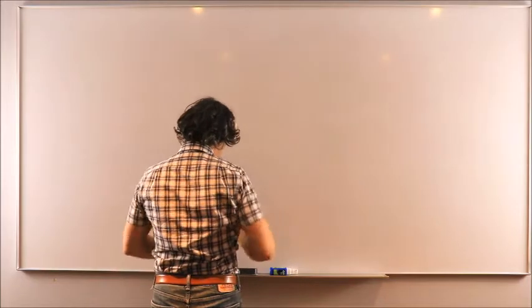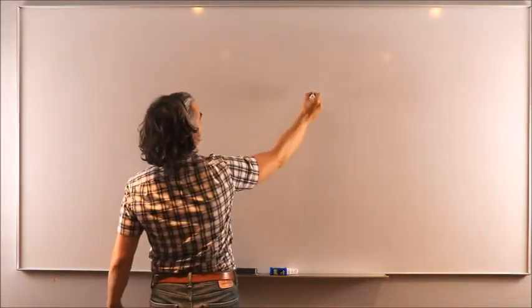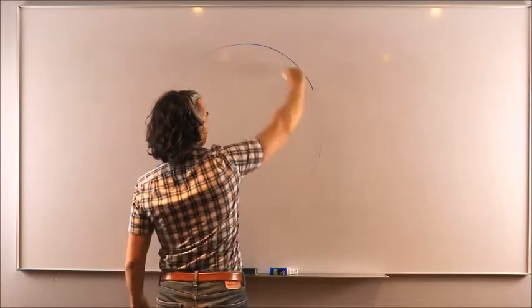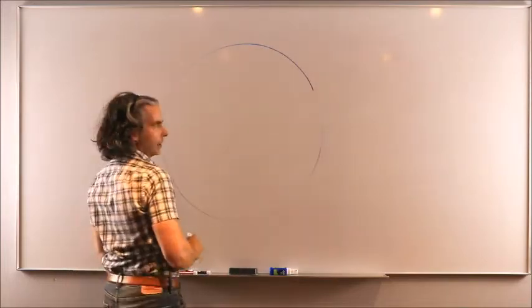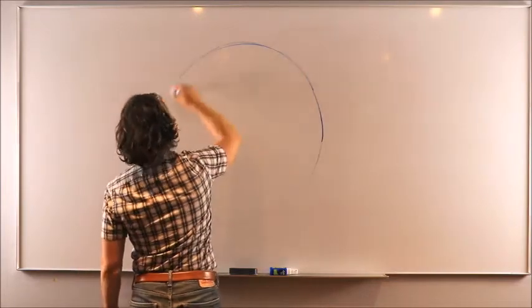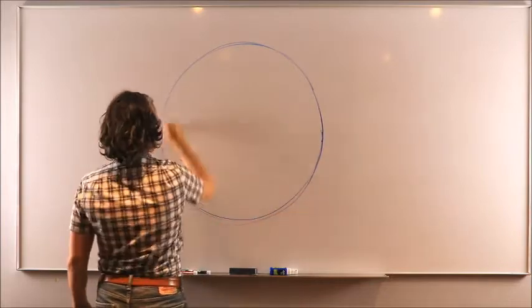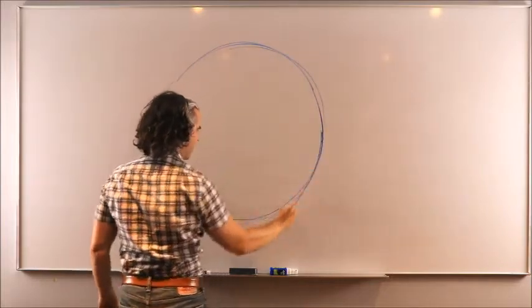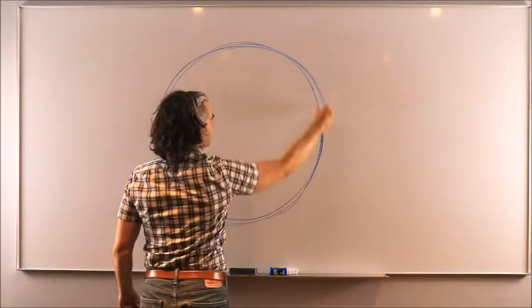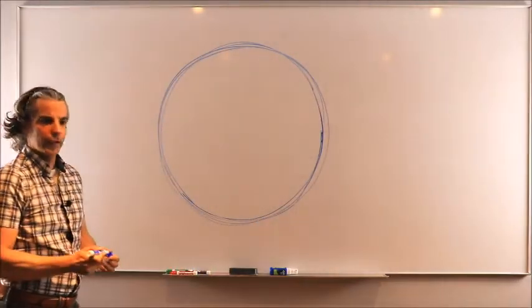So let's have a look at the Earth. Blue. Does it look like a sphere, like a circle? That's what it's saying. Let me do it again. Hopefully you can start to see the Earth. Yeah, it's pretty good.